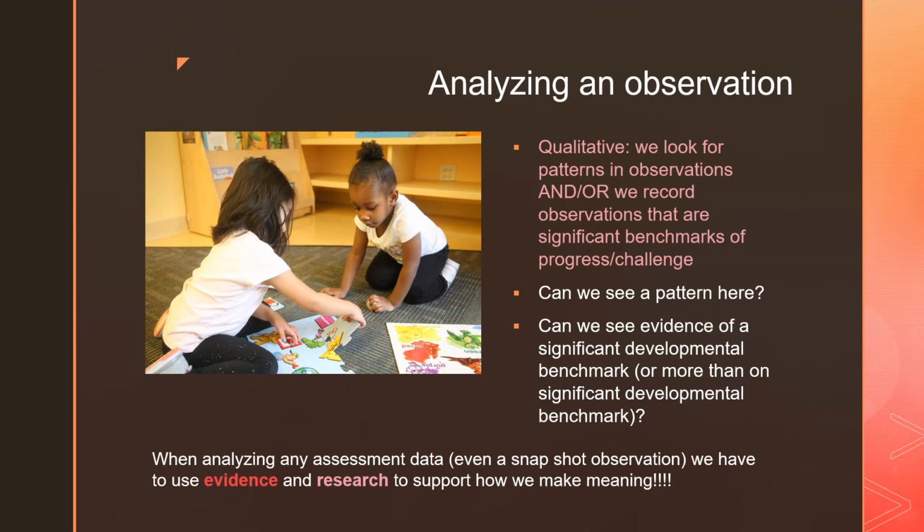When I ask myself, why do I think the teacher or educator took this picture? I think there are 3 possibilities based on what we're looking at. The first one is a possible but unlikely possibility that this is capturing a significant fine motor benchmark.